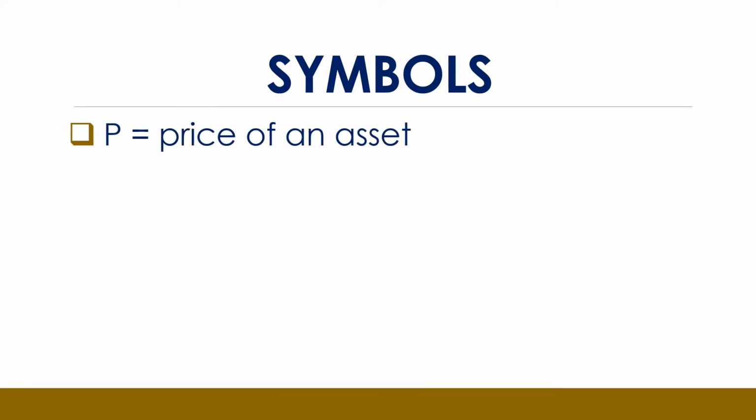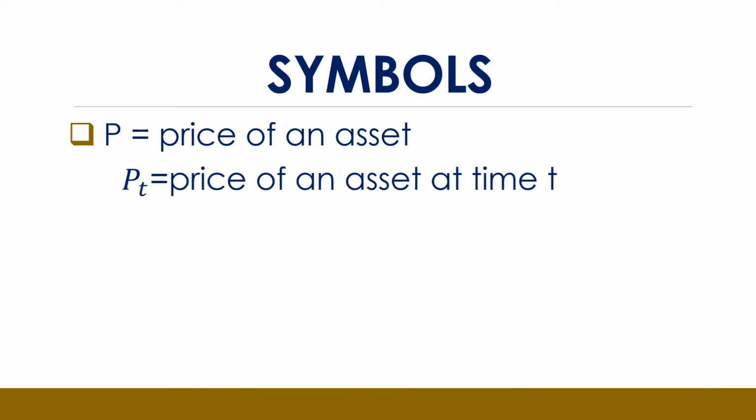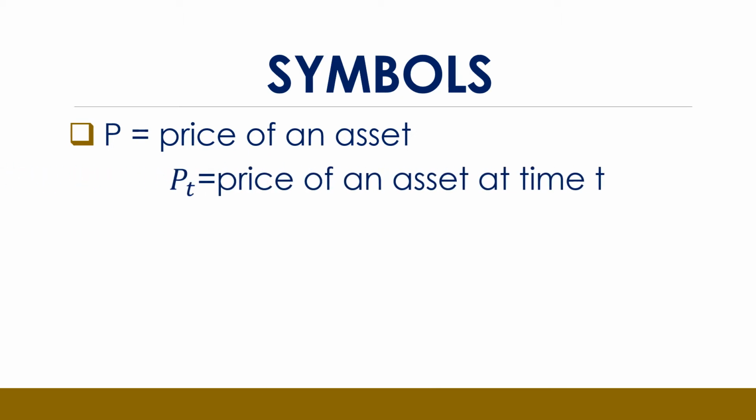But P can change with time. So if we define P to be the price of an asset at time t, then we use the symbol P_t, where the subscript t indicates that our price P changes with time.